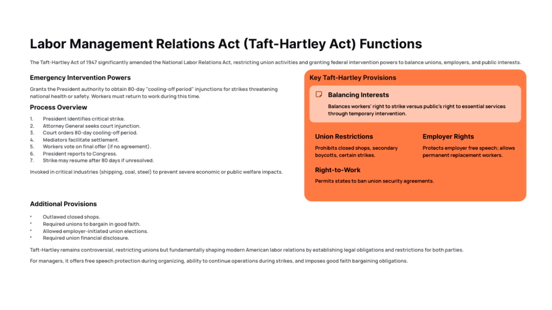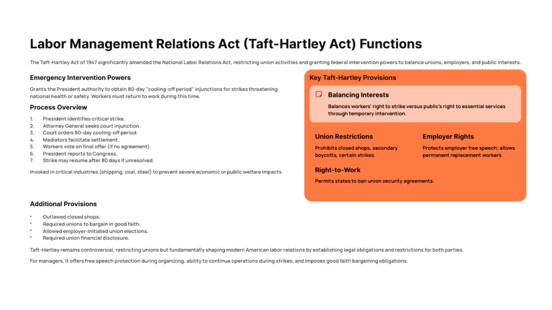For unions, the law strikes a balance between workers' right to strike and the public's need for essential services, allowing temporary interventions when necessary. This balancing act comes into play especially in critical industries like shipping, coal, and steel. In such cases, if a strike threatens to cause severe economic or public welfare impacts, the president can step in.